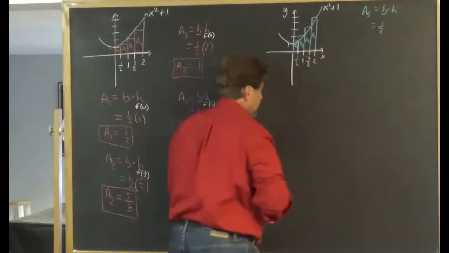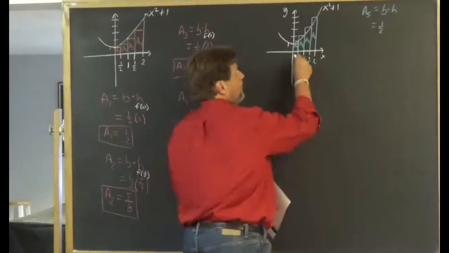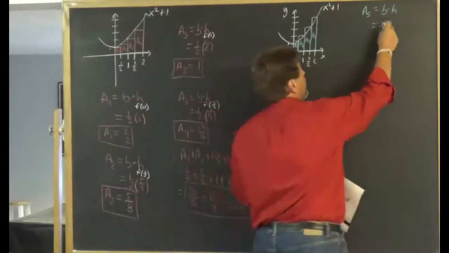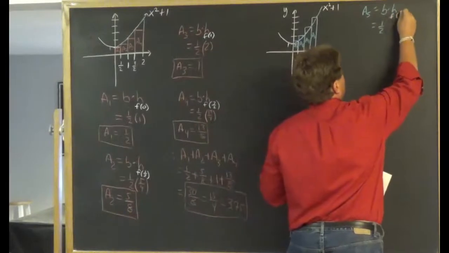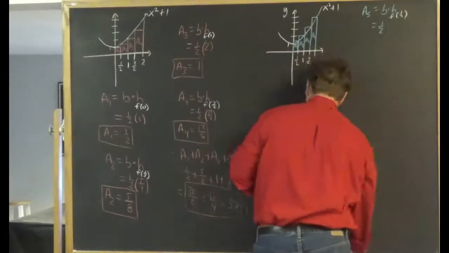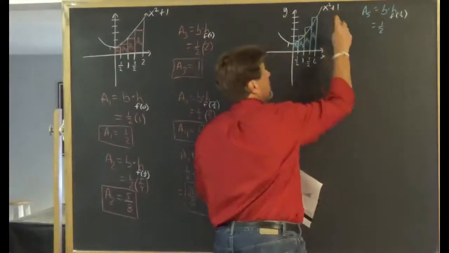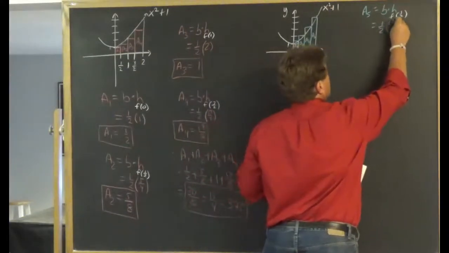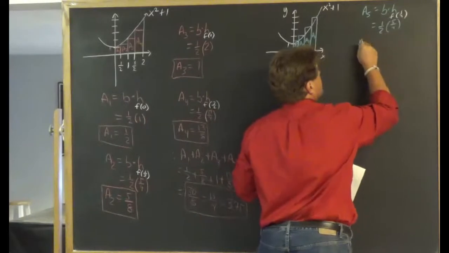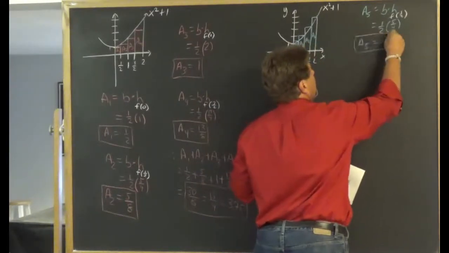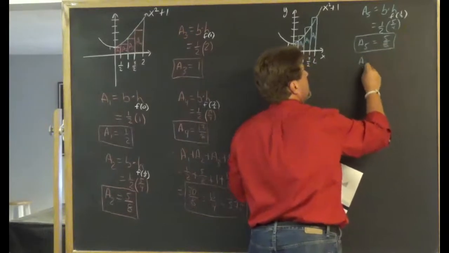The height was found by the right endpoint. So we need to do f of 1/2 to see what the height is. And we know the f of 1/2 is, well, 1/2 comes in here for x. It's 5/4. So rectangle 5 has an area of 5/8.